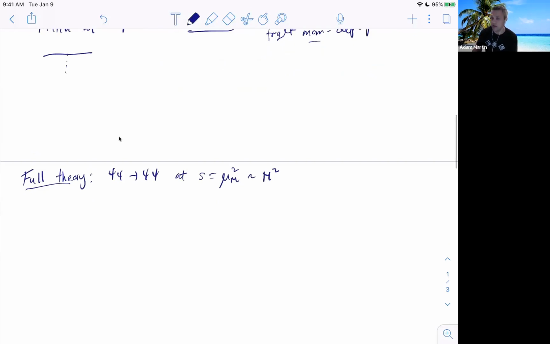I want to write down all the diagrams that appear when I'm doing this out to kappa to the 4th. So sure, we've got the tree level piece is still there, right? And I'm not even going to write the diagrams for the alternate ways of writing the legs, just because we all know it's there. It's not going to add anything to the calculation. There's a tree level piece.